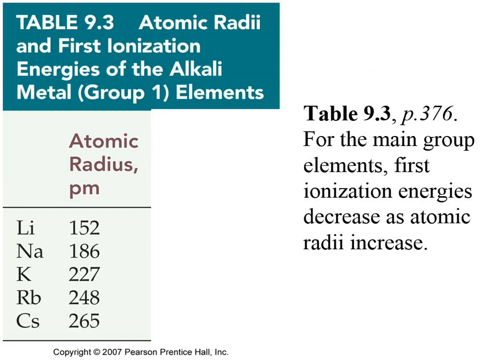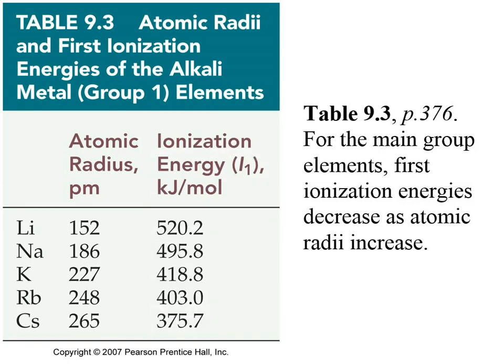So for instance, this is the 1A elements, and this is how big they are, okay? Notice lithium's a lot smaller than cesium, makes sense. With regard to kicking off the first electron, it is a lot harder to kick off that one electron of lithium, and it's a lot easier to kick off that one electron of cesium.